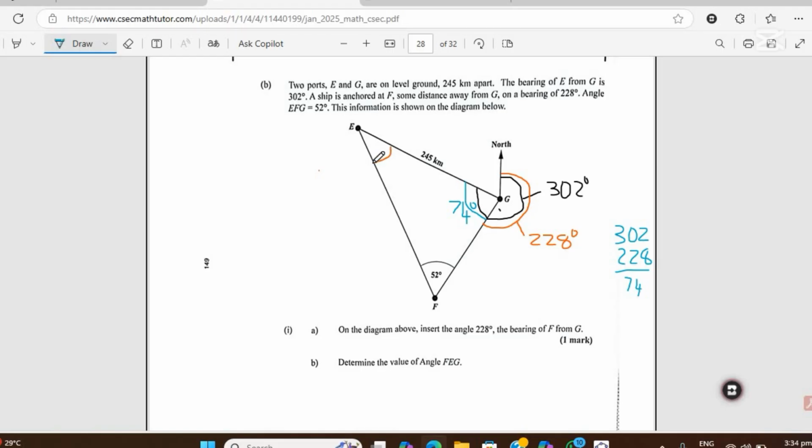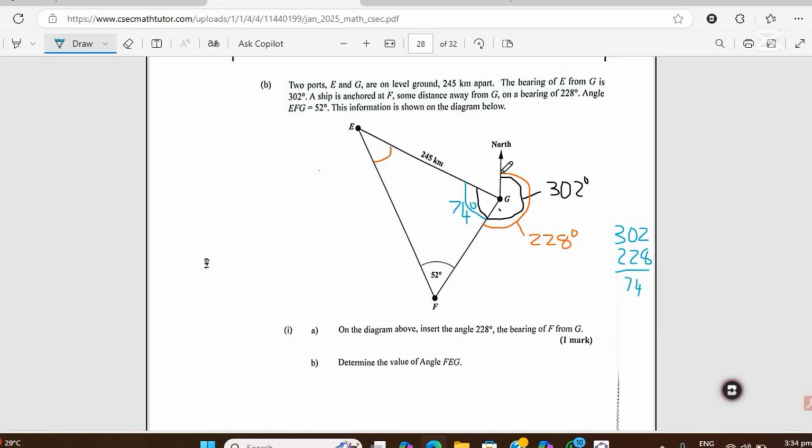What you should know, and I'm going to remind you, is that the sum of the three angles in any triangle, no matter the size or the shape, sums to 180 degrees at all times. So if I know what this angle here is, then I would be able to find the unknown angle at E.